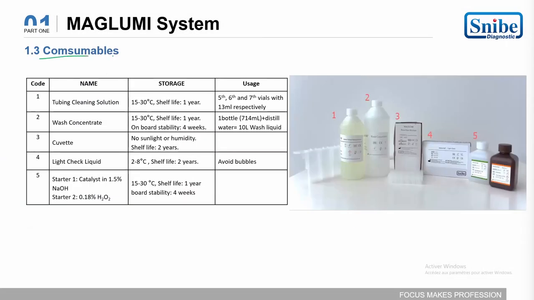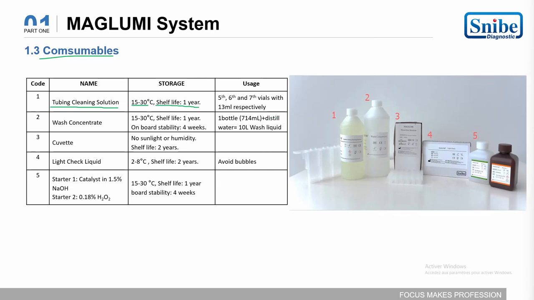Then in this table, we can summarize all the consumables we have seen in the previous presentation that are used in our Maglumi analyzers. We have the tubing cleaning solution. It is stored at room temperature, and the shelf life is 1 year.